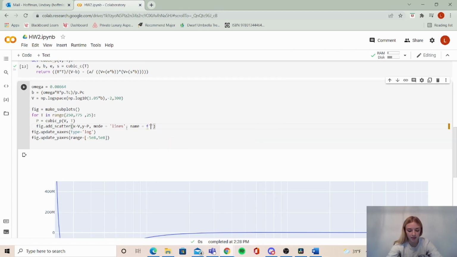So we attach an f-string, T equals, our temperature. That's just going to say T is equal to, and then pull in the temperature values from our for loop here.